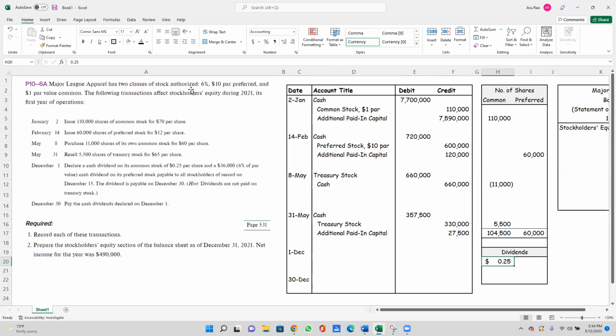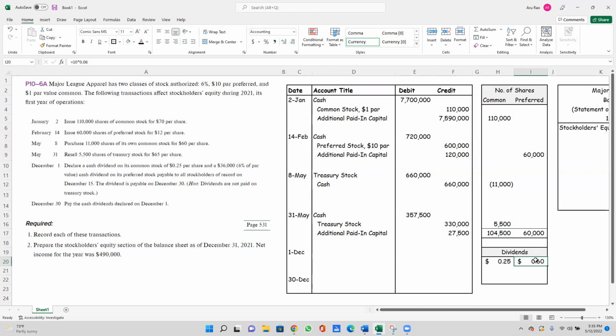For preferred share, read this opening sentence over here. We have 6% $10 par value preferred stock. So what we're saying is the par value is $10 of the preferred stock. On that, I'm guaranteeing them a 6% dividend. 6% of $10, if you do that calculation over here, that's 60 cents per share.